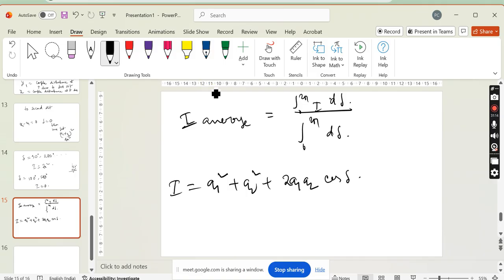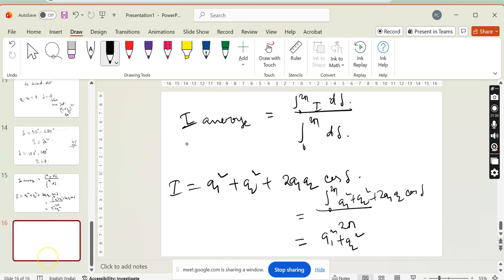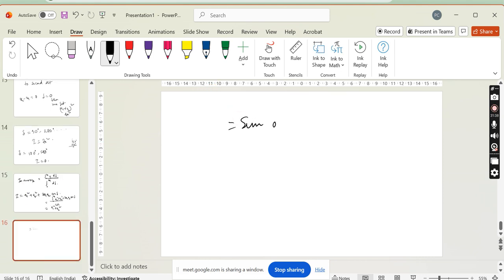And if we do the integration, this is basically 2 pi and this is 0 to 2 pi of A1 square plus A2 square plus 2A1 A2 cos of delta. We get the answer A1 square plus A2 square. This is the sum of intensities of the individual waves.